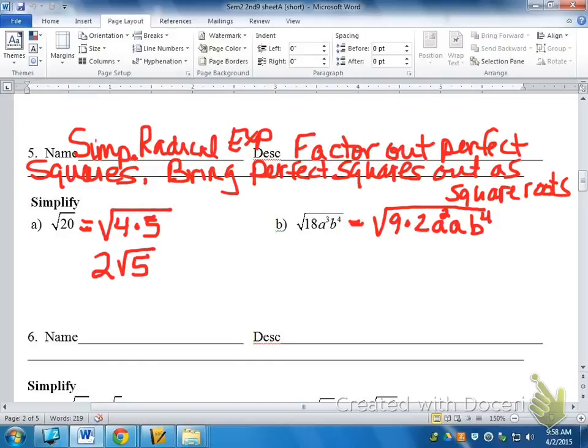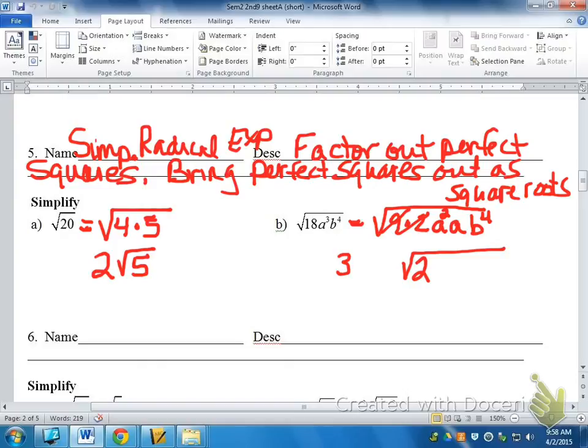So let's go one step at a time. So I've got the 9. We can do square root of 9 and bring it out. What is it? 3. Okay, I'm going to put my square root here. So I've taken care of that 9. The 2 isn't a perfect square, so it's staying under the radical sign. So I'm done with that. A to the second. It's a perfect square.